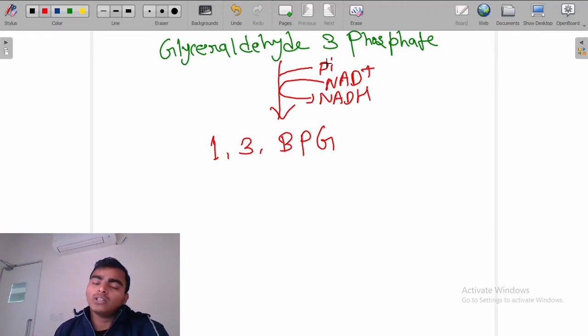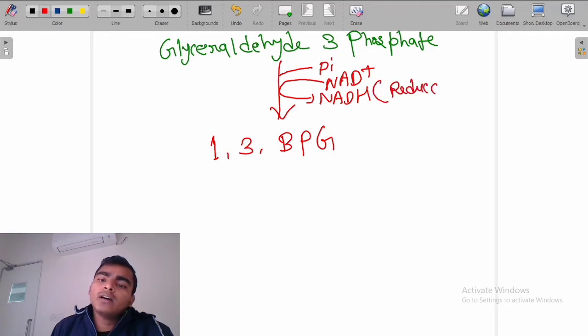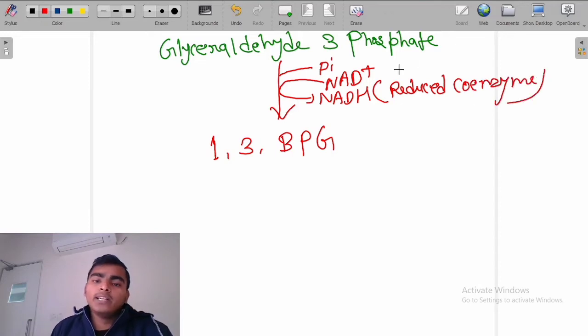There is an oxidation of the glucose molecule, but NAD+ is getting converted into NADH. This is a reduction of NAD+. So now NAD+ has become a reduced coenzyme. Okay, so NAD+ has been converted into NADH. That means there is a reduction of the NAD+ molecule.